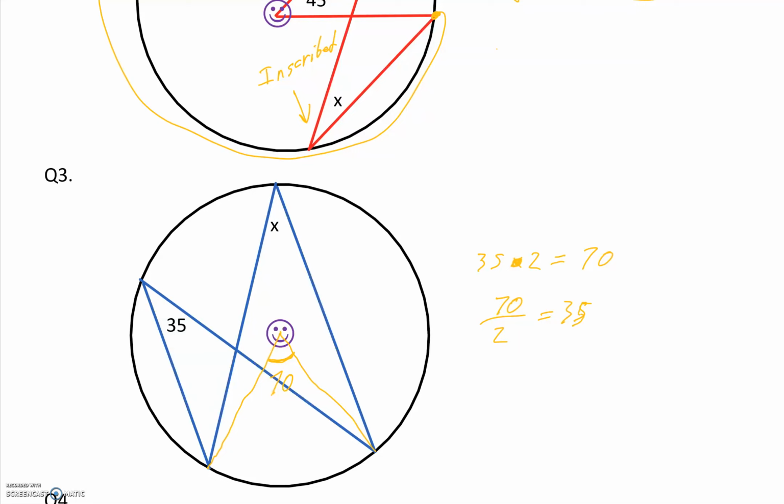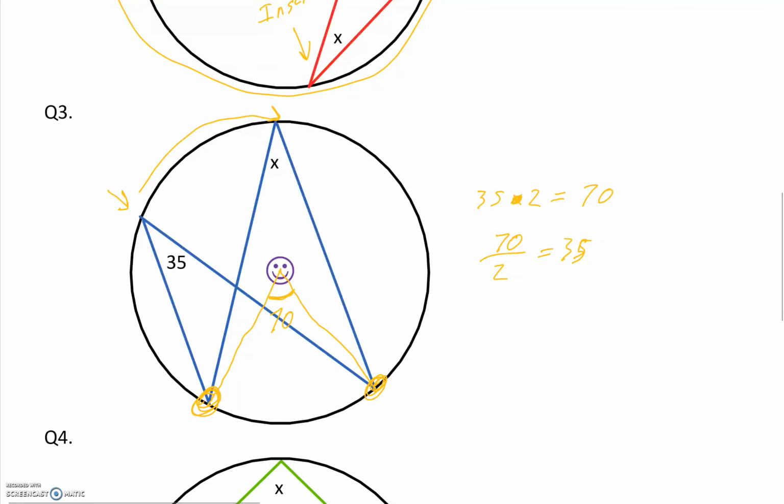And so we can see that if you have two inscribed angles based off the same 2 points, they're going to be the same. Okay, that's a rule, but it's still based off of the previous rule.